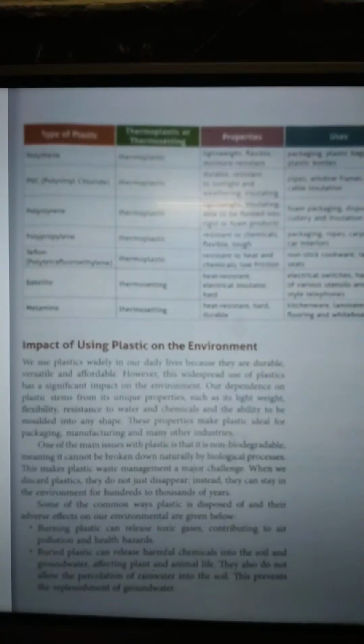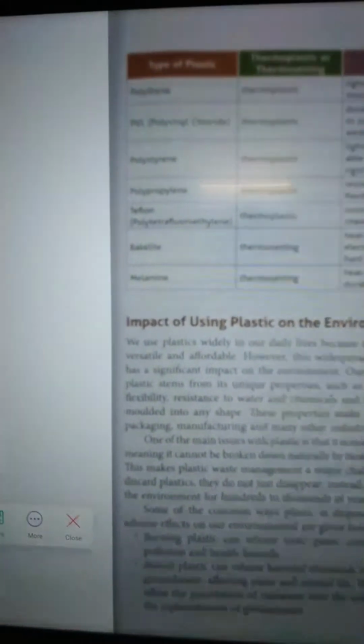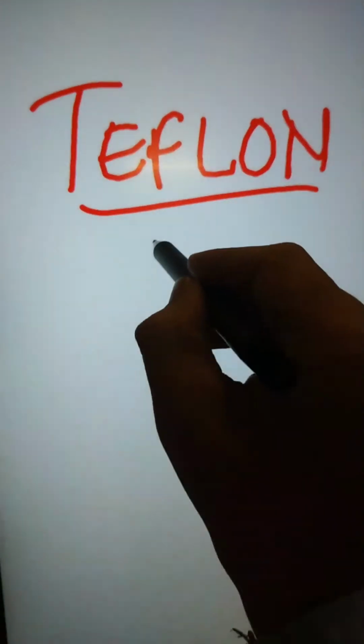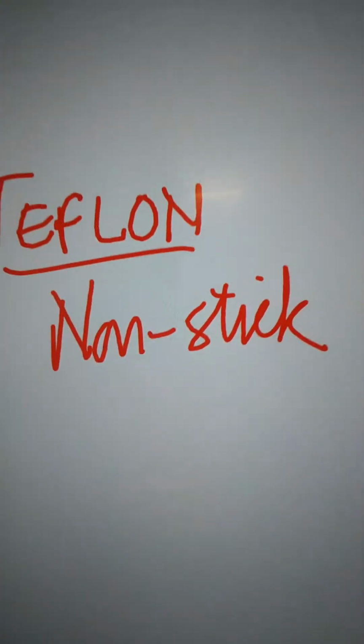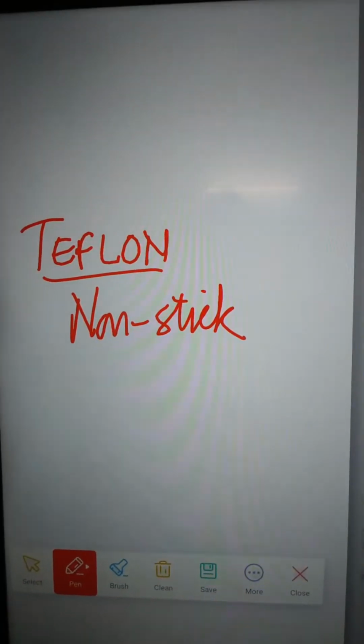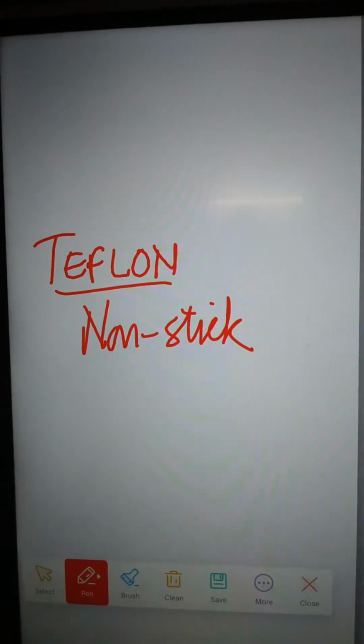Most of the names we read in this, but there is a thing which I want to describe. If you see the table in your book, there is something called Teflon. Teflon is the non-stick. How many of you have non-stick cookware at home? Type yes if you have. And why do we use non-stick cookware at home?